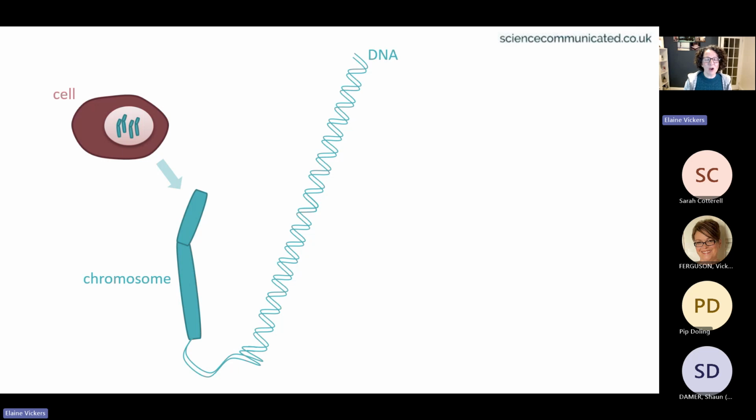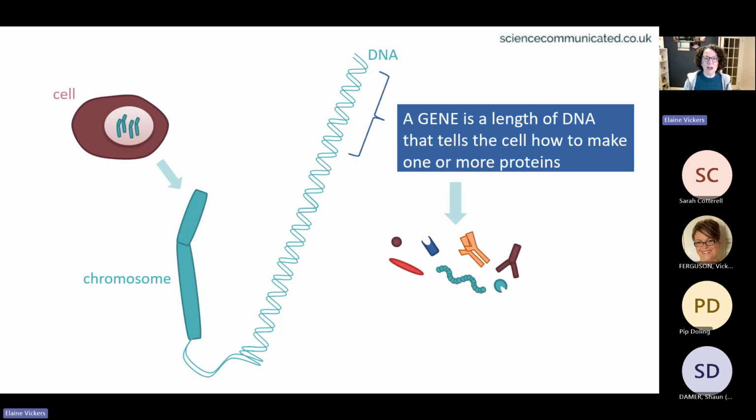Those chromosomes are made from this substance called DNA, and within the DNA, there are stretches of the DNA that the cell can recognize as being genes. The instructions telling the cell how to manufacture all the many thousands of proteins it needs to perform all the many functions the cell needs to perform in order to keep us alive.